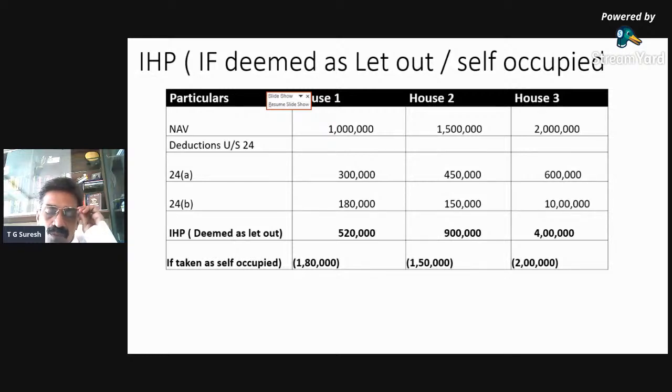Now the only thing you must bear in mind: section 24(b) makes it very clear that the 2 lakhs limit for self-occupied properties will be for both the properties which are considered as 0. That means I cannot take 1.8 lakhs here and 1.5 lakhs here, 3.3 lakhs.